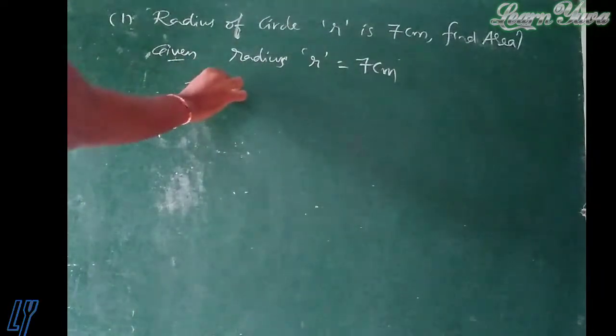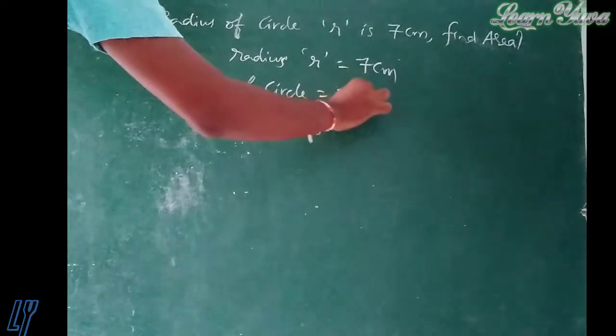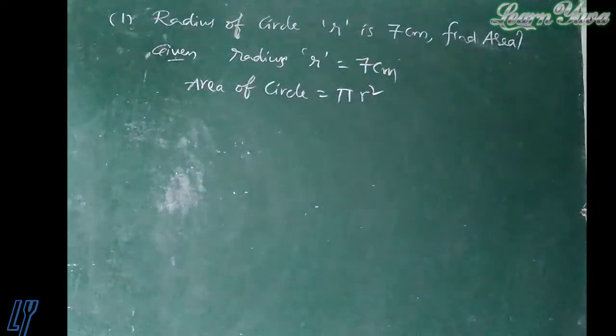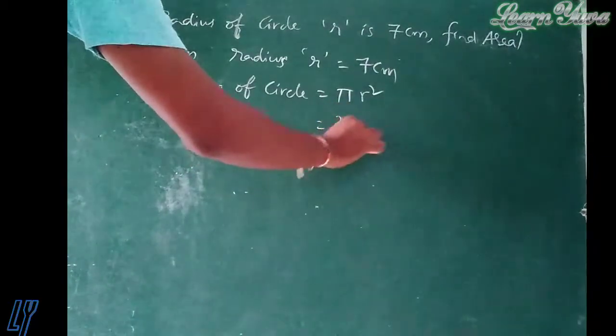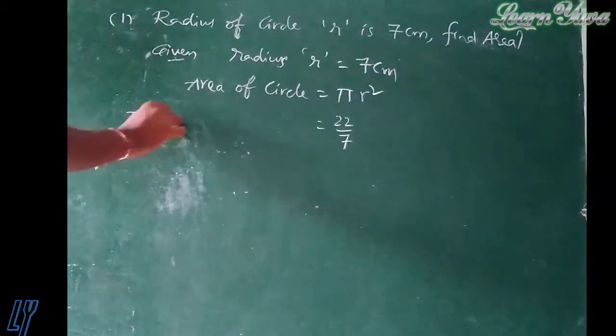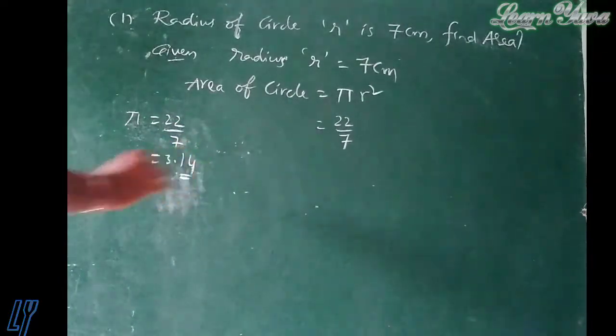What is the formula for the area of a circle? Area of circle is equal to pi r square. Pi value is 22/7 or 3.14.